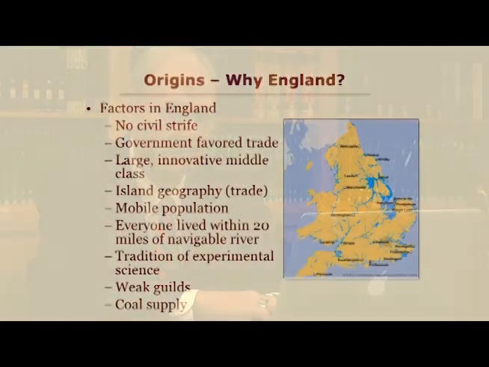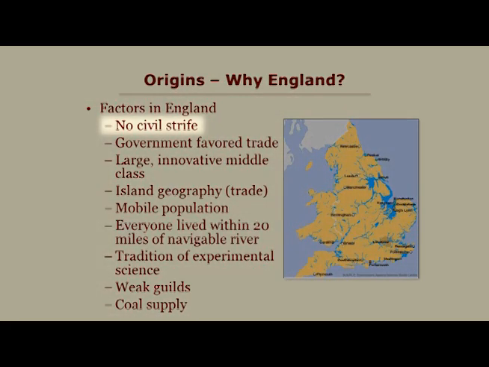So, looking a little more closely at England and what other factors were available in England to allow it to be the birthplace of the Industrial Revolution. England had suffered through many wars, but none of them on English soil. Next, the government favored trade, and therefore the merchant class was given a lot of government support.